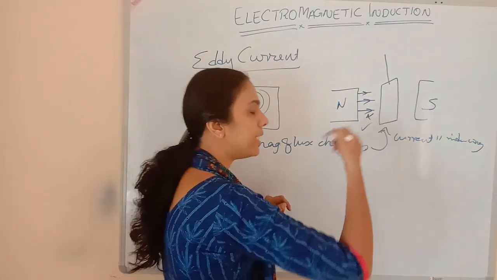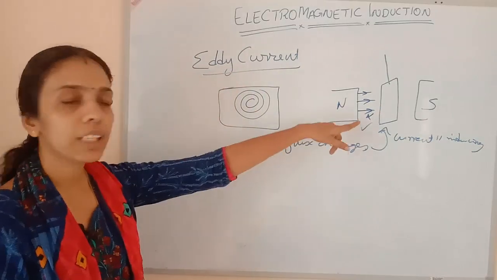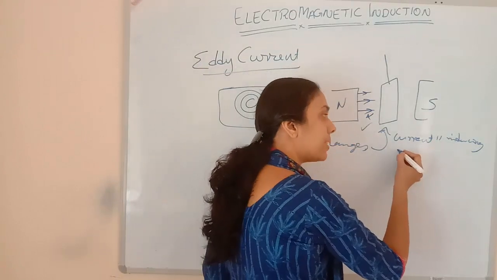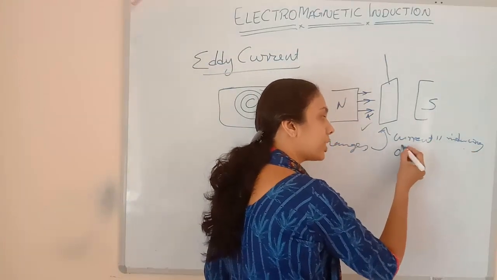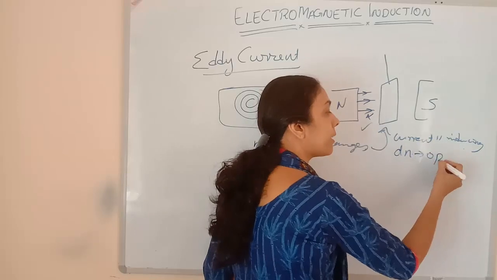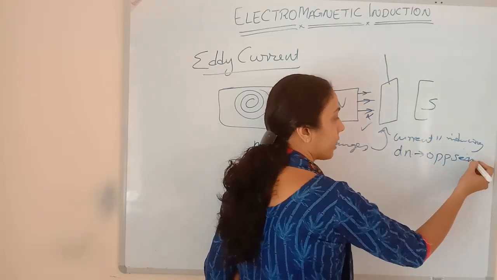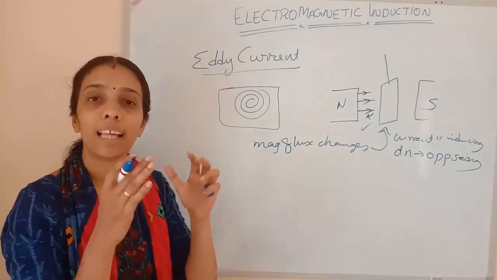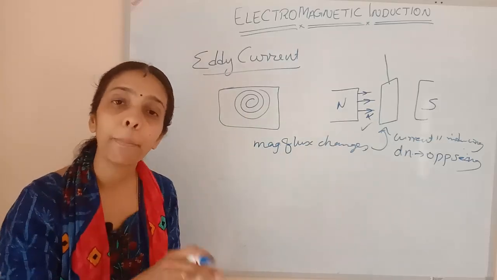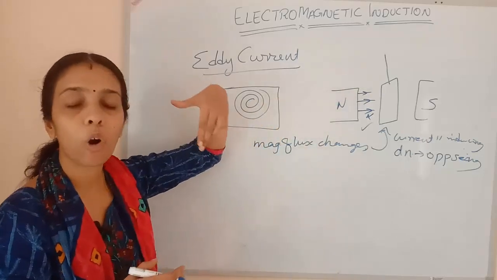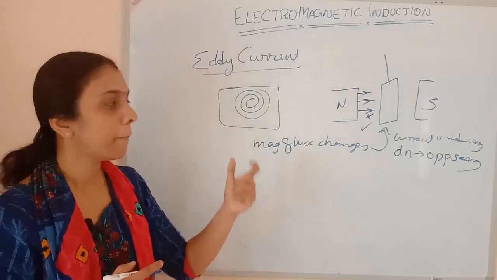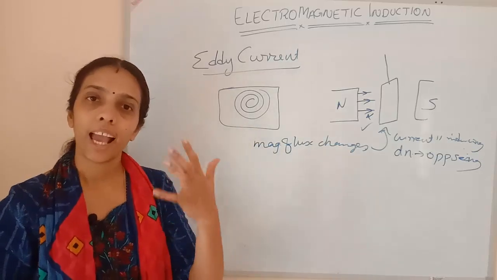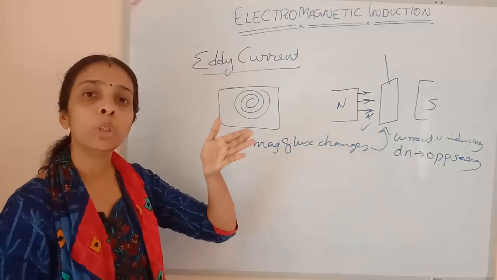So when the plate is oscillating, current is induced in it, and the direction of the current opposes what produces it, that is, it opposes the change in flux. That results in damping, and the plate comes almost to rest quickly because of the formation of this eddy current. So eddy current helps the oscillation to stop.